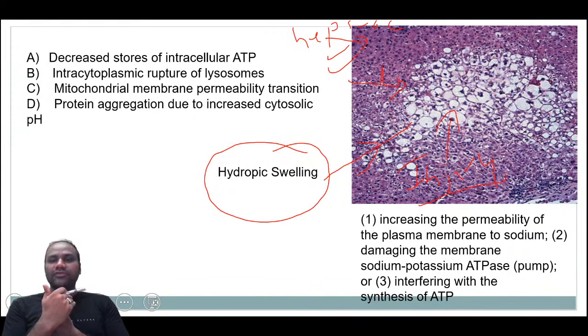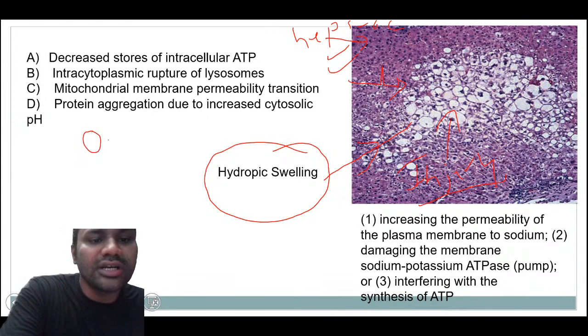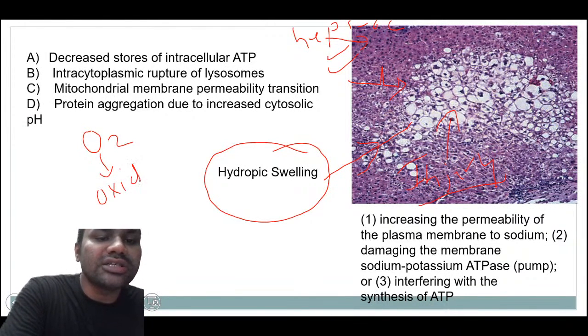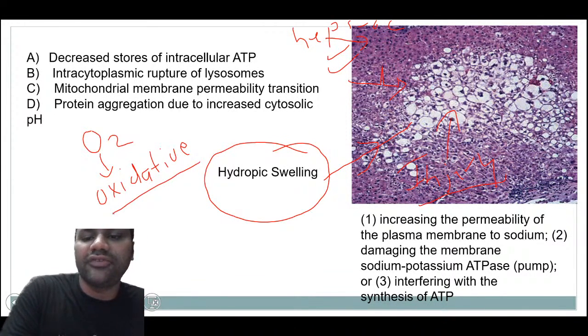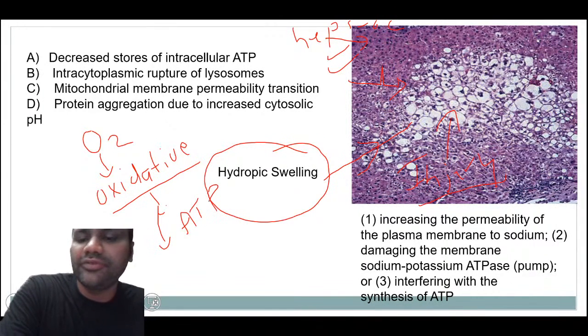Whenever there is a decrease in oxidative phosphorylation, there is reduction of ATP, and what will this reduction of ATP do?